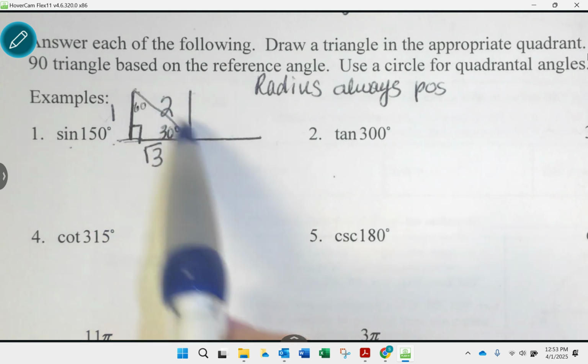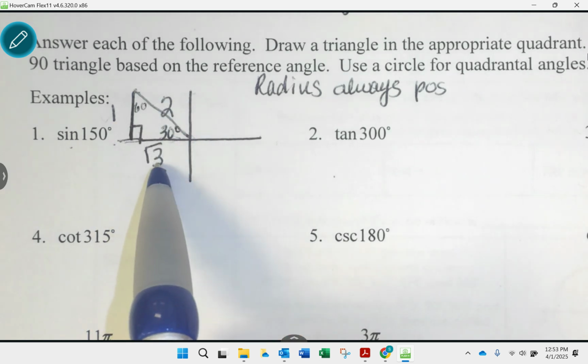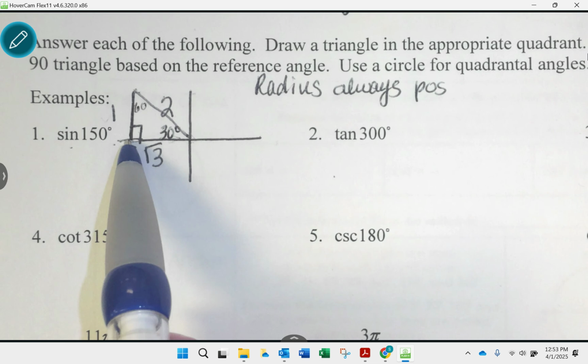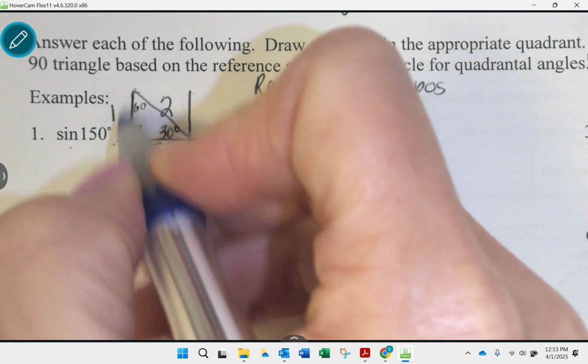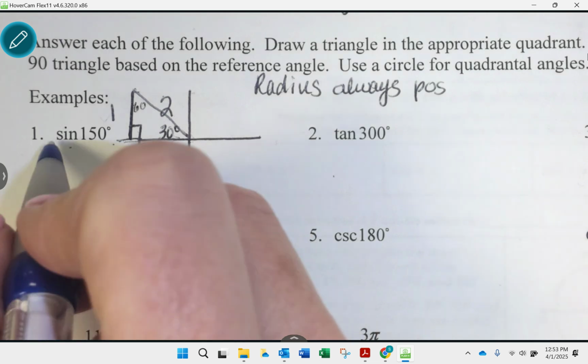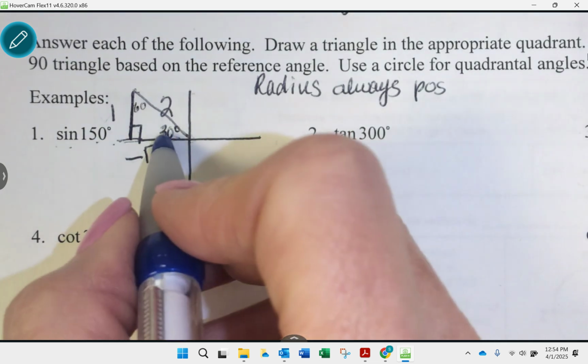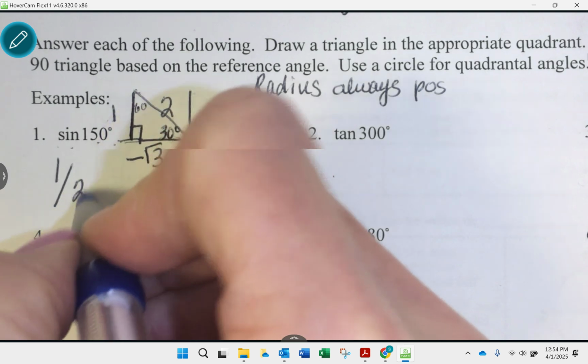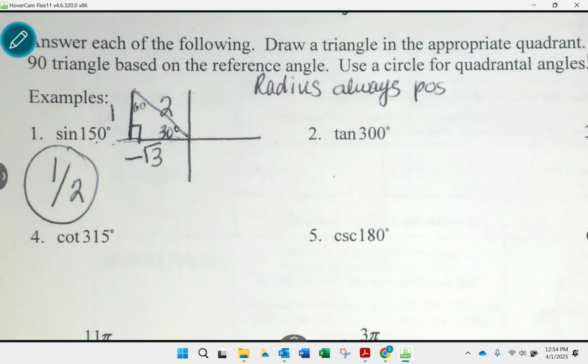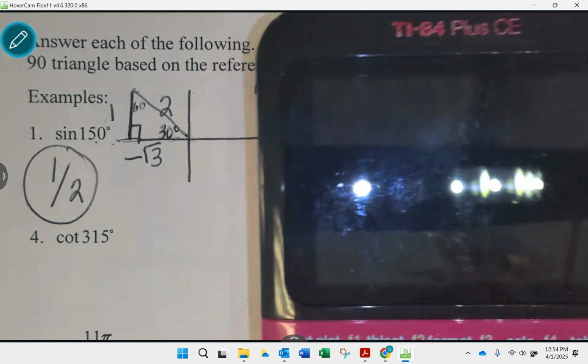So this 2 has to always be positive. But is this radical 3 for the x going in the positive or negative direction? What about the y value? Positive. So to find the sine of 150 degrees, we're going to do y over r. So the sine of 150 degrees should be 1/2.